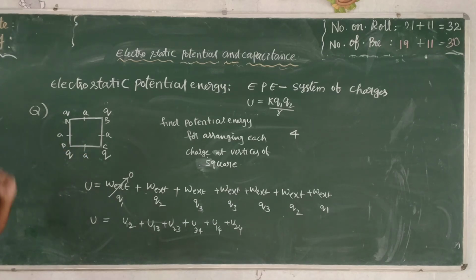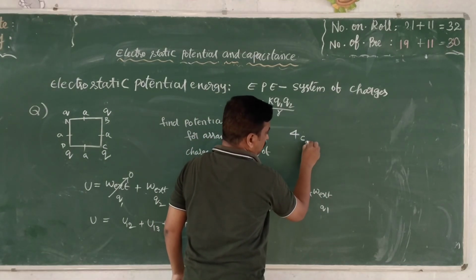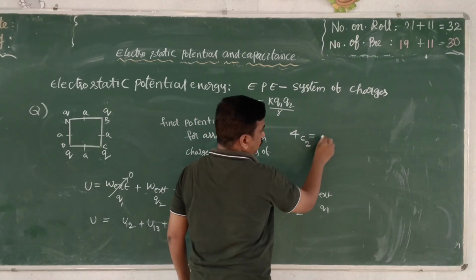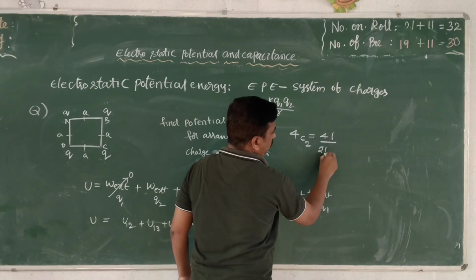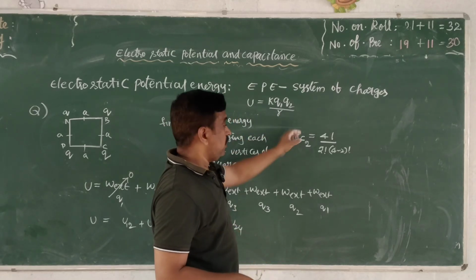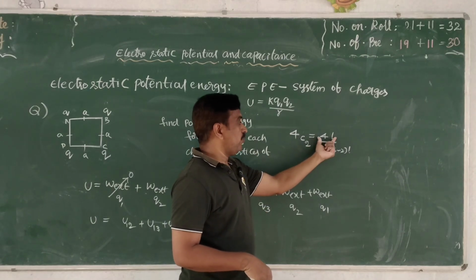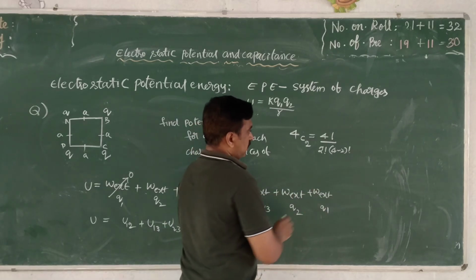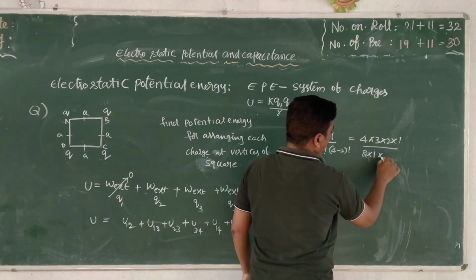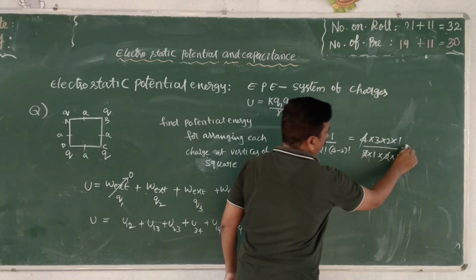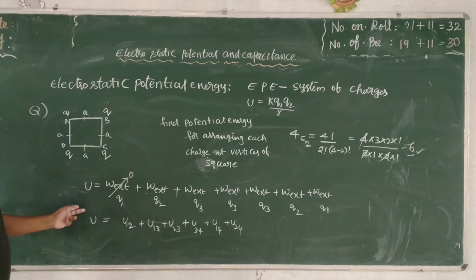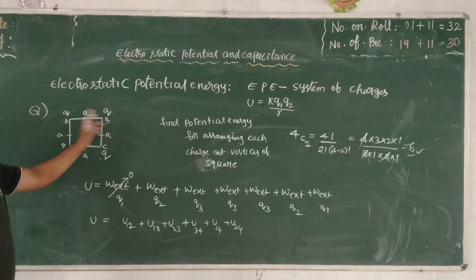These two, these two, and so on. Each configuration has 2 charges, total charges 4, so 4C2 equals 4 factorial by 2 factorial into (4 minus 2) factorial. That is 4 into 3 into 2 into 1 by (2 into 1) into (2 into 1). 2 2s are 4, 4 cancels, so we get 6 configurations: U12, U13, U23, U34, U14 and U24.